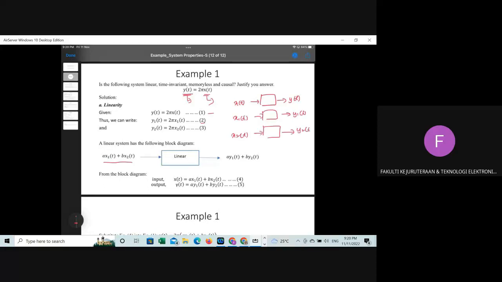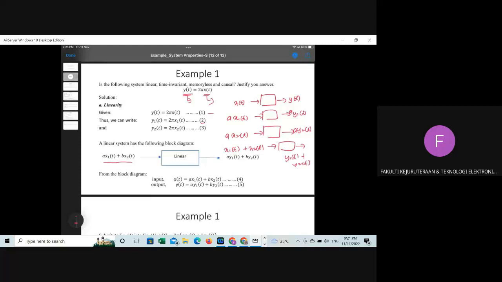If the system is homogeneous, then with a x1(t) you will have a y1(t), and with a x2(t), the output will be a y2(t). If the system is additive, then with x1(t) plus x2(t), you will have y1(t) plus y2(t).